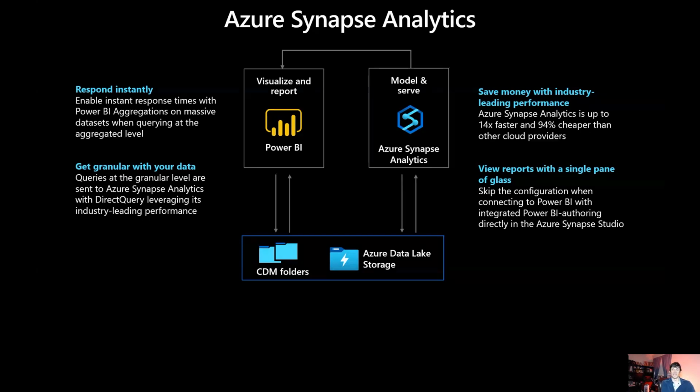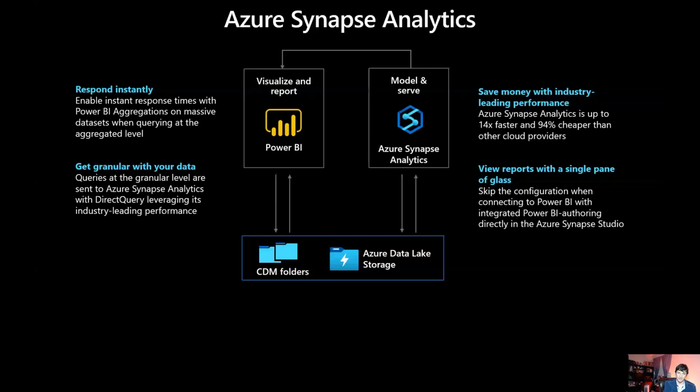We'll sometimes ask for changes in direct query to get better performance when it runs queries against Synapse. We're deeply integrating the logging and monitoring pieces. So when you use Power BI against Synapse, you'll have kind of a unified view of the who ran what query, how did it perform, what did it take on the SQL side versus what did it take on the Power BI side.